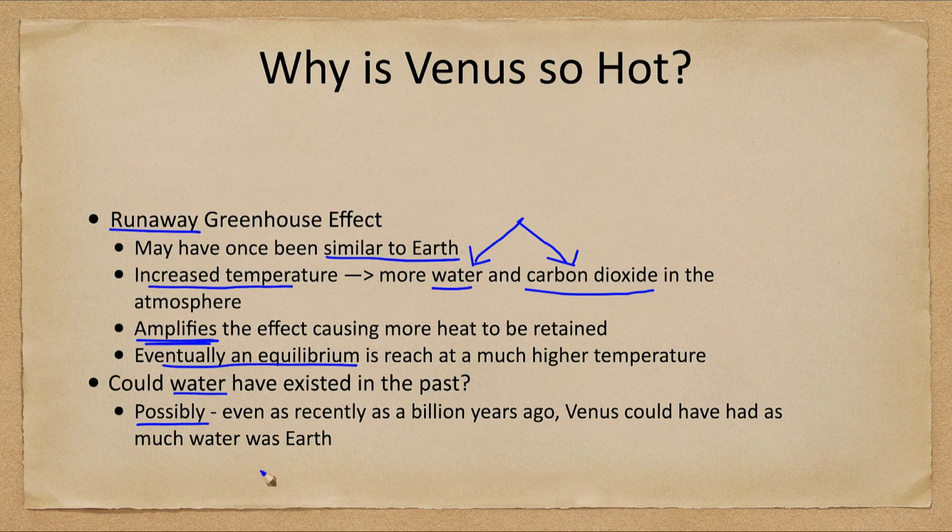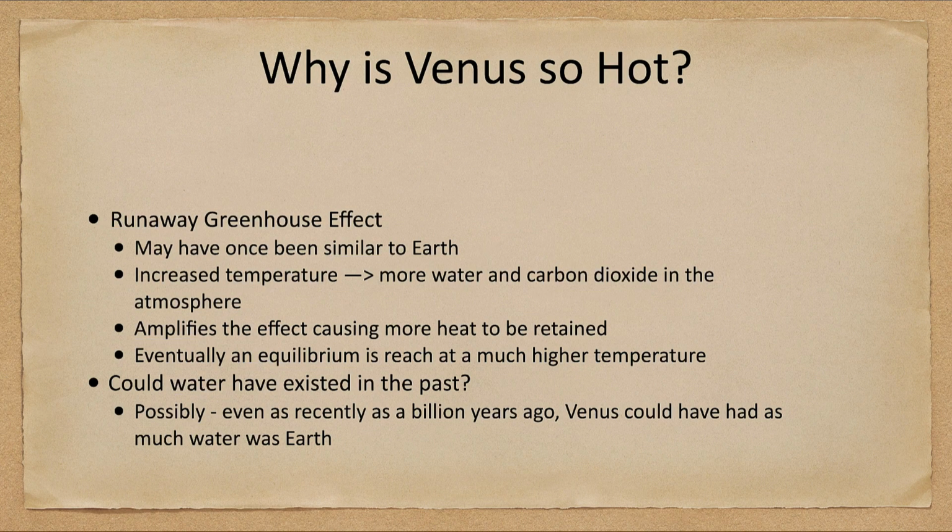This will take hundreds of millions of years, but over the next few hundred million years, the Earth will continue to warm and more water will be released. It's quite likely that the Earth will go through something much like Venus and become uninhabitable in several hundred million years. So let's go ahead and finish up with our summary.